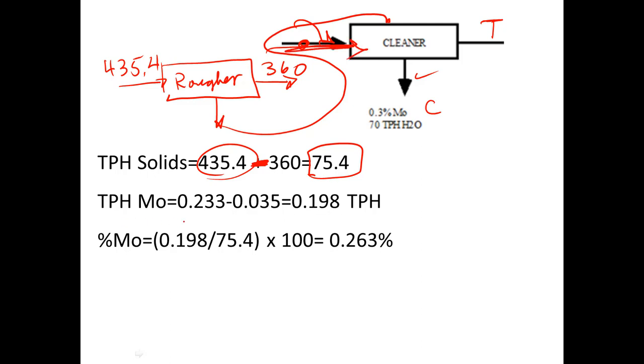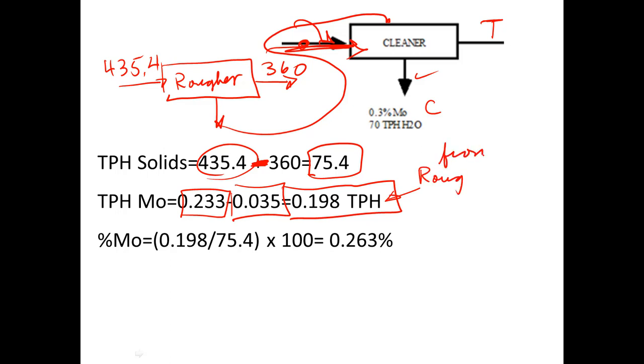The ton per hour molybdenum is also, once again, the rougher feed minus the rougher tail, which gives us the rougher concentrate, which is the feed that goes into the cleaner, of 0.198 ton per hour.